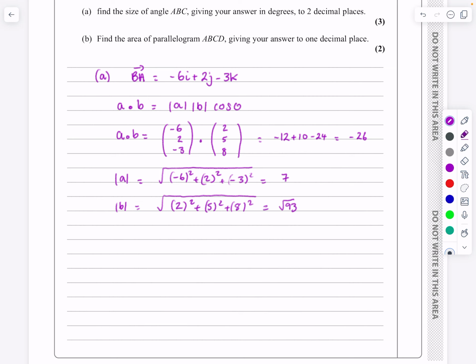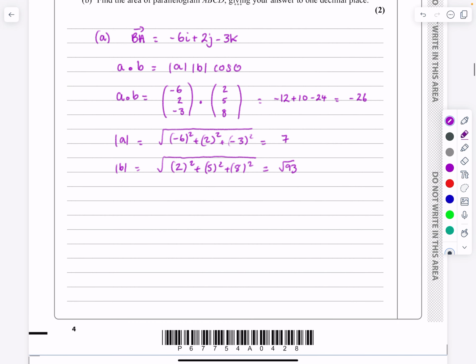Okay, so subbing everything in, I've got that A dot B, minus 26, is equal to 7 root 93 cos theta. So cos theta equals minus 26 over 7 root 93. Inverse cosing that, I'm going to end up with an obtuse angle, 112.65 degrees. They did want it to 2 decimal places.